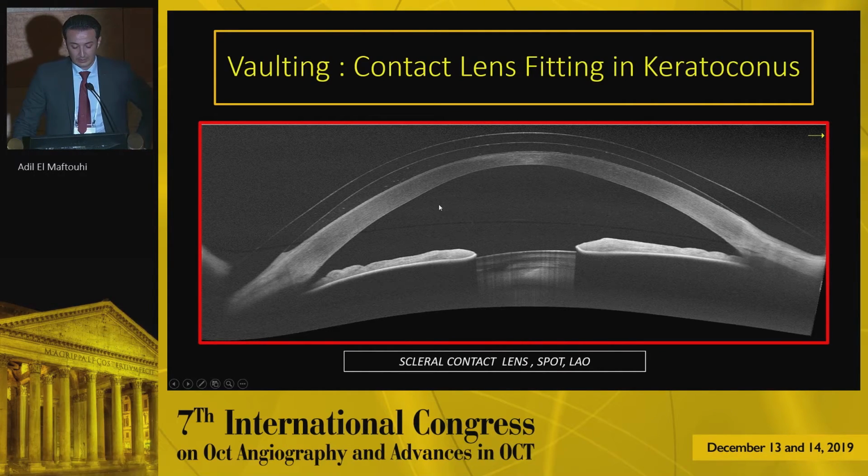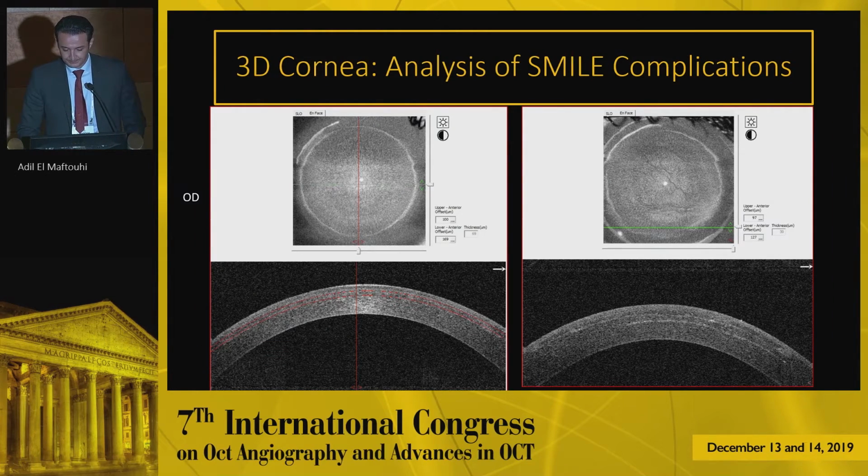You can control the vaulting after a scleral lens in keratoconus to quantify the clearance of the lens and to ensure there is no contact between the lens and the cornea. And you can analyze the complications of refractive surgery, like in this case.